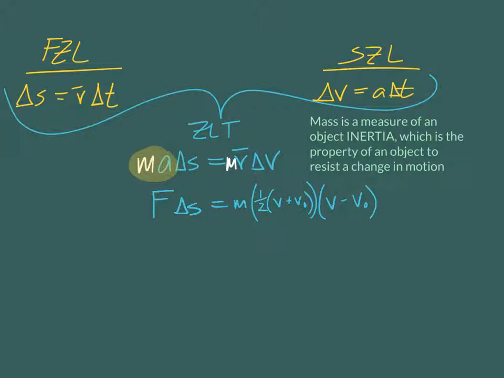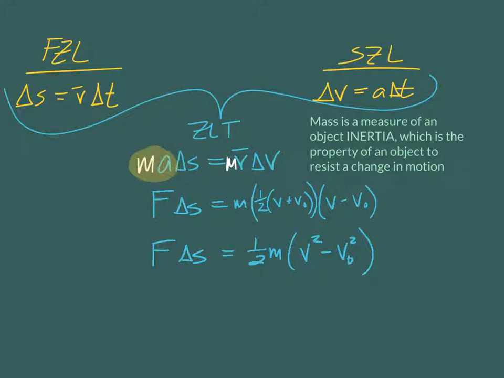Hopefully you recognize that V plus V naught times V minus V naught is going to end up being a difference of perfect squares. That's why we made you take algebra before you took this course. So in the end here, we get that right there.